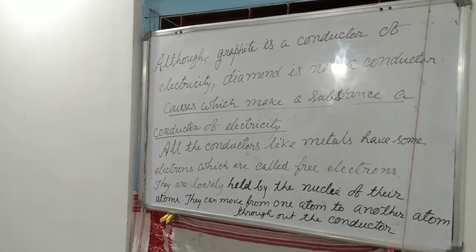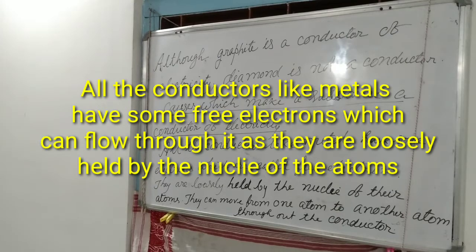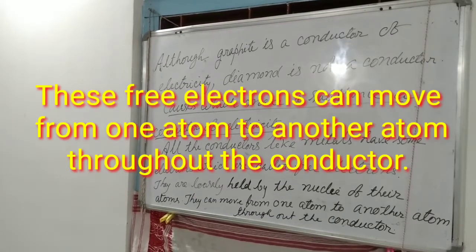Now let's discuss the causes behind some substances becoming conductors of electricity while some are insulators. All the conductors, mostly metals, have some electrons which are called free electrons. That means they are loosely held by the nuclei of their atoms.